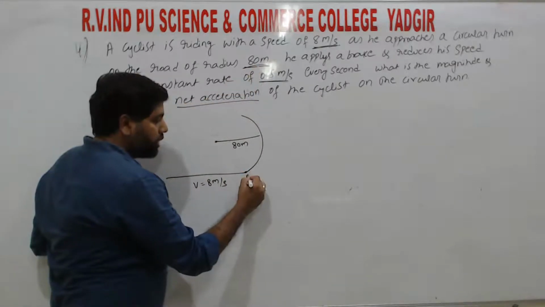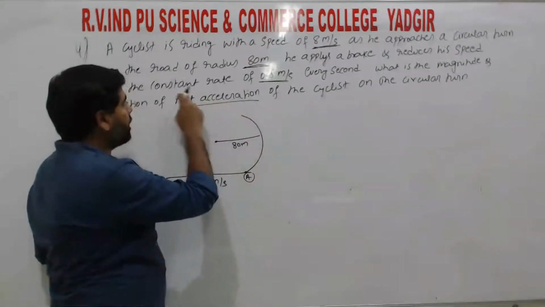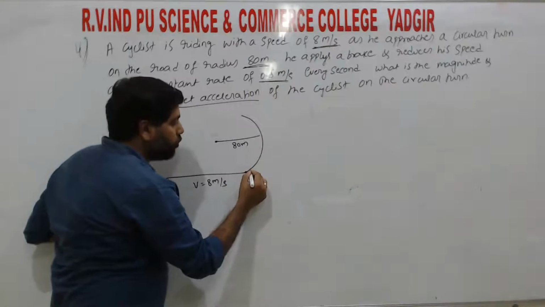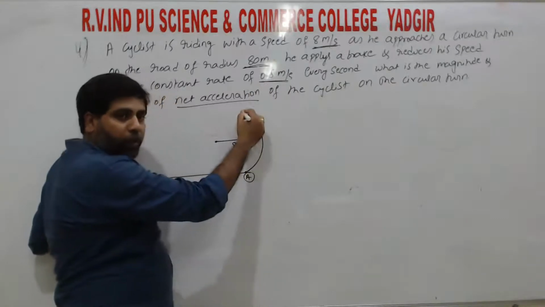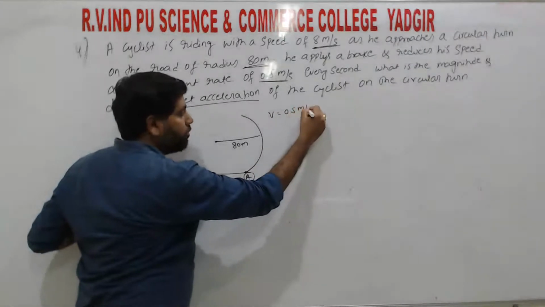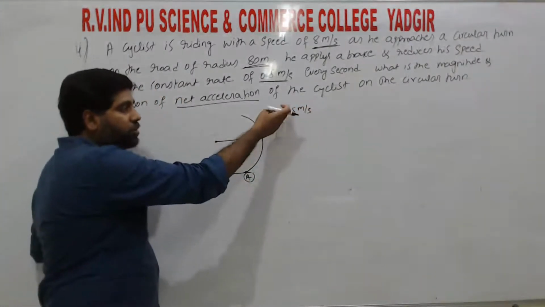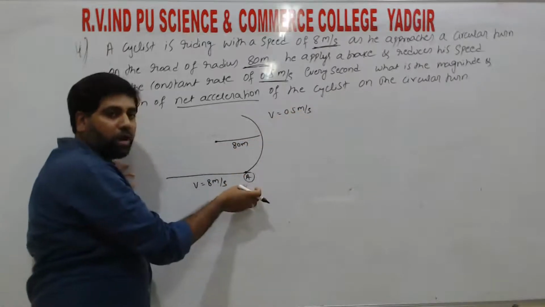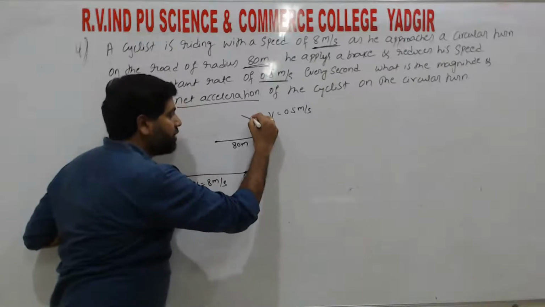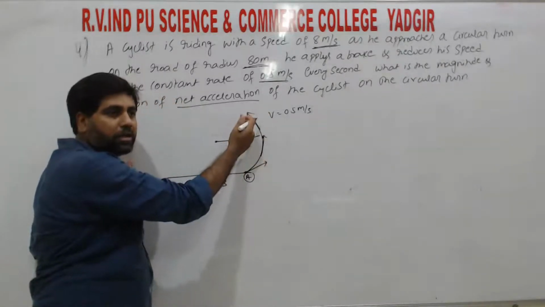So he is applying the brake at the point A and he reduces his speed at a constant rate of 0.5 meter per second. That is the speed, which is only the magnitude of the velocity. At each and every point on the circular path, the direction is changing.